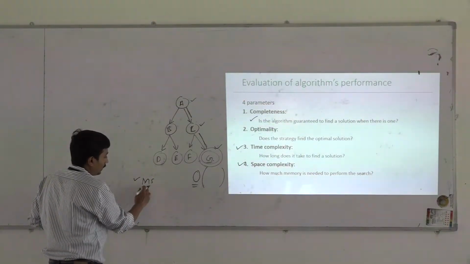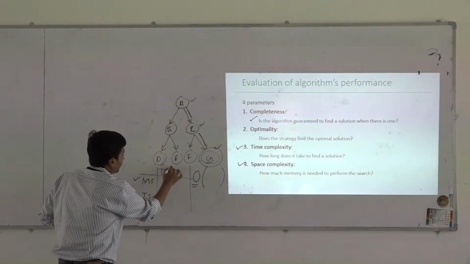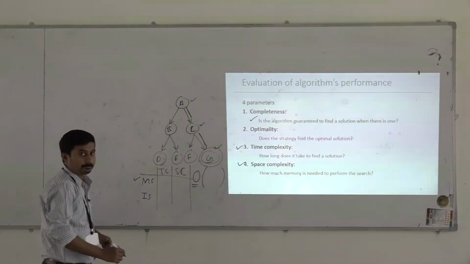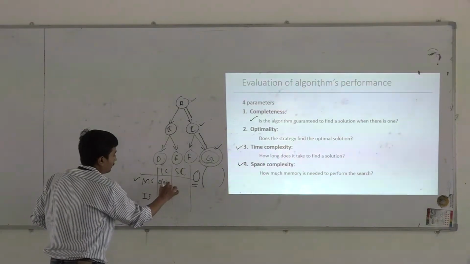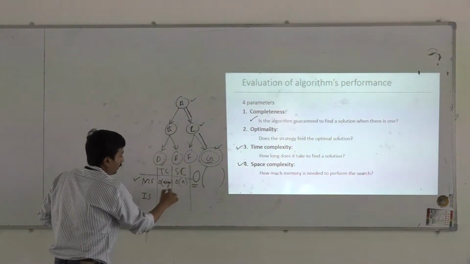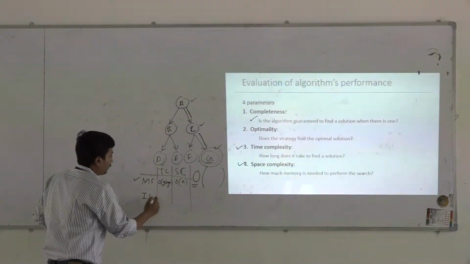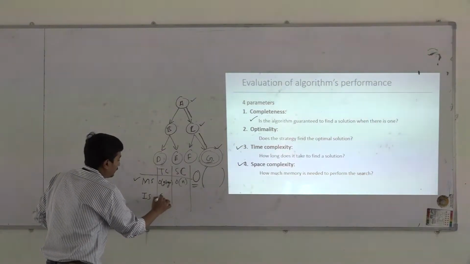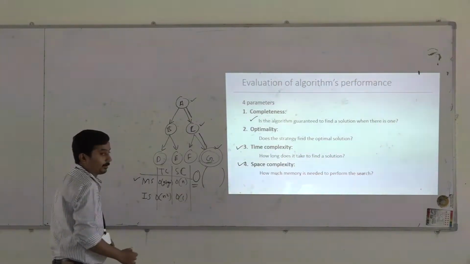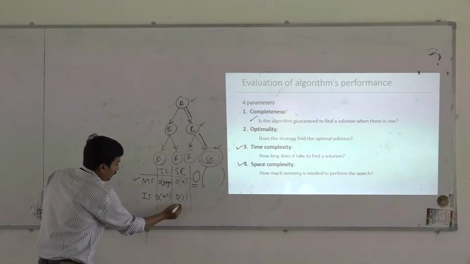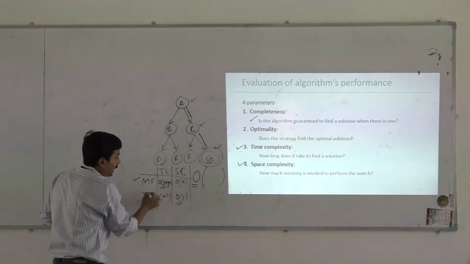We have merge sort and insertion sort, and if you compare their time and space complexity, the time complexity of merge sort is order of n log n and space complexity is order of n, where n is the number of elements in the array. Insertion sort time complexity is order of n squared, and space complexity is order of 1. So insertion sort is space efficient and merge sort is time efficient.